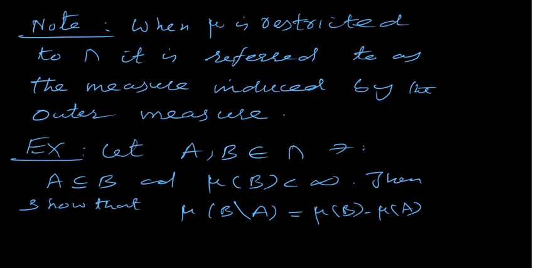It's simple, you have to use the sigma additive property. Here B will be equal to A union B. So measure of B is equal to measure of A union B, but measure of A union B is less or equal to measure of A plus measure of B. But you want to find actually the difference. Say this is set A, this is set B. So what's B minus A?